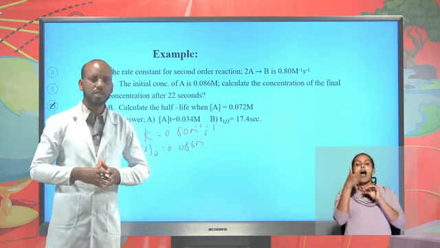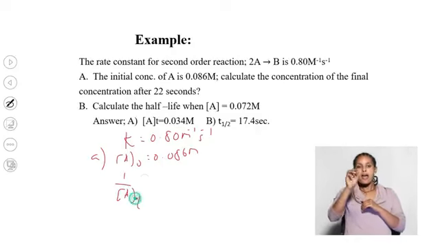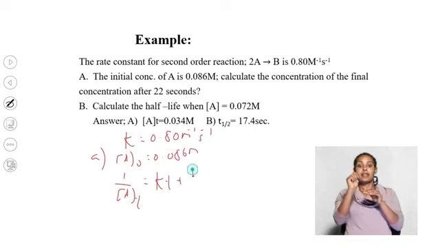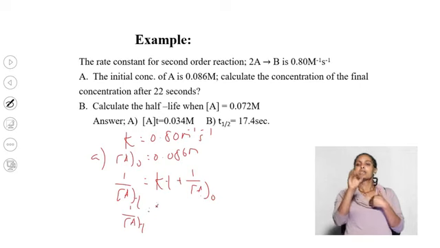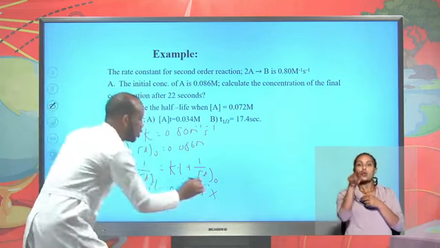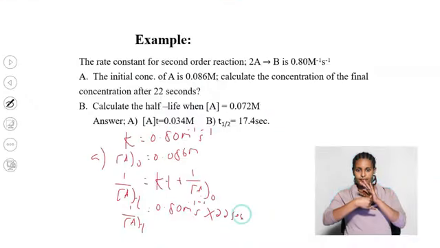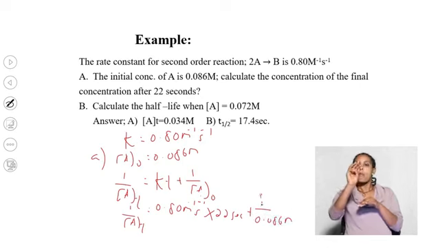The integrated rate equation for a second order reaction is: 1 over concentration of A at any time t equals Kt plus 1 over initial concentration A naught. So 1 over concentration of A at time t equals K, the rate constant, 0.80 per molar per second, times t, which is 22 seconds, plus 1 over initial concentration A naught, 0.086 molar.